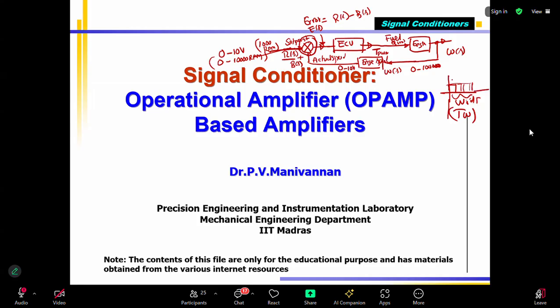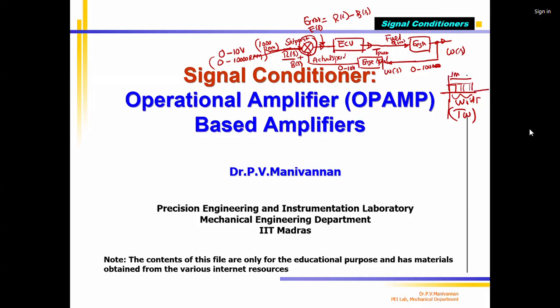If I vary the injection pulse width, for example, 1 millisecond to 10 millisecond, my engine RPM will vary from 1 millisecond giving 1000 RPM idle speed, to a 10 millisecond fuel injection duration giving 10,000 RPM, full speed. So by varying the fuel quantity, who is varying it? The ECU will vary depending on the error.